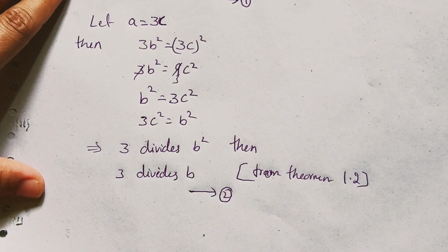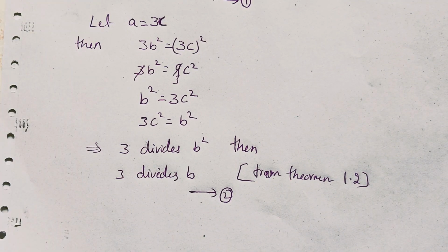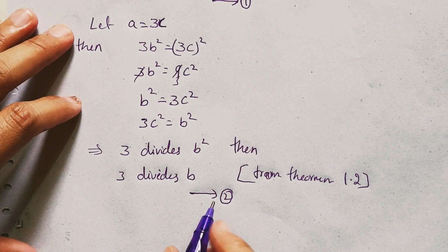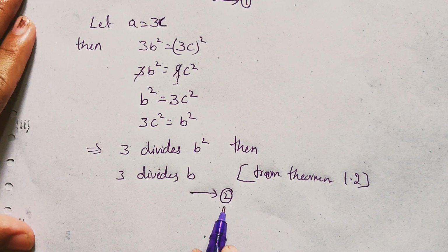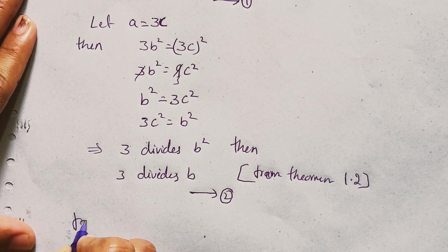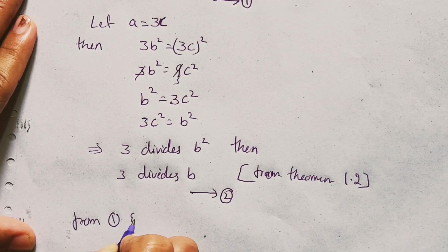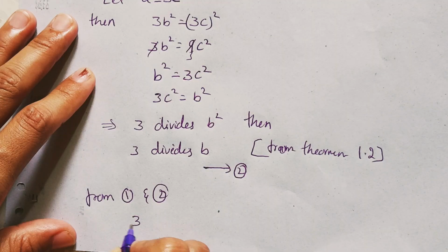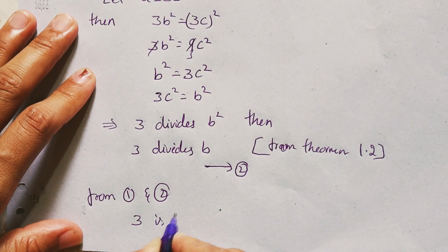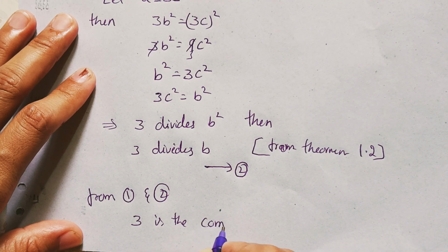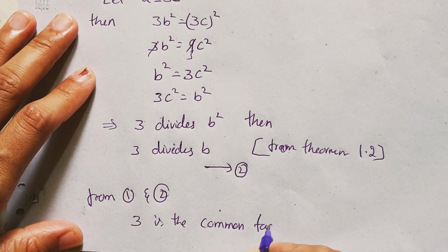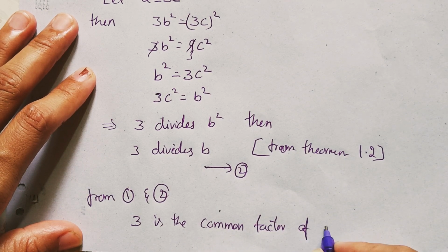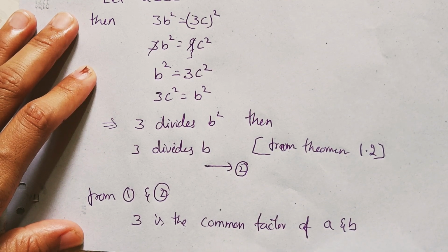Now from equation 1 and equation 2, we can say that 3 is a common factor of A and B.